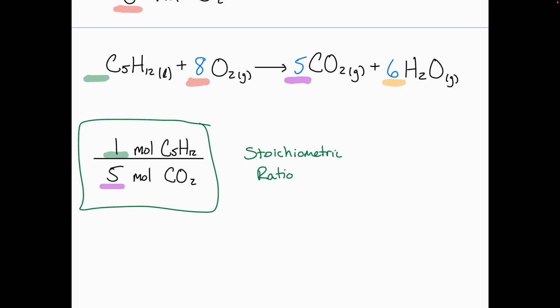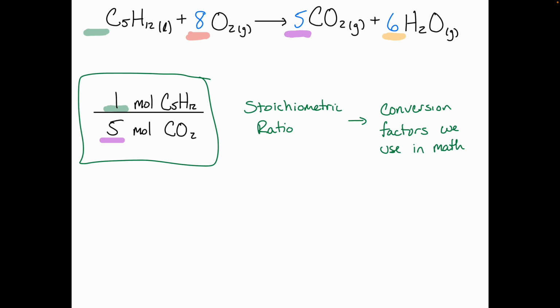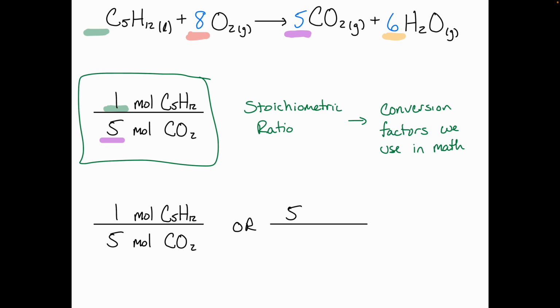So our stoichiometric ratios are conversion factors we get to use in our math. Importantly, every one of them we can use as is, or we can flip it, just like every other one of our conversion factors.